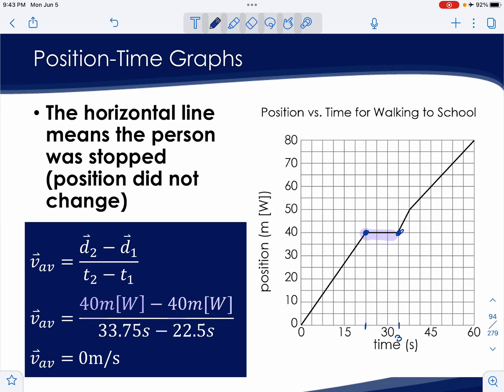So remember, this is 33.75, and then this is going to be 22.5. Do the math, and obviously we didn't even need the time, because 40 minus 40 is 0.